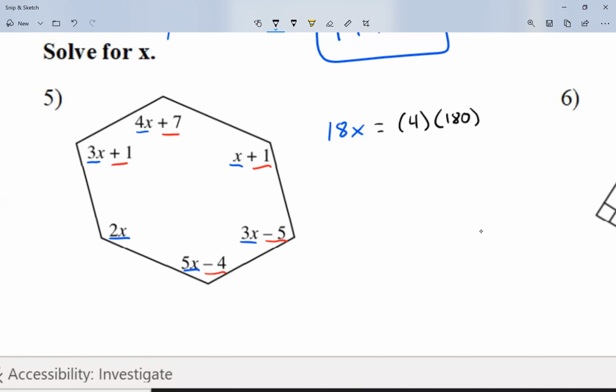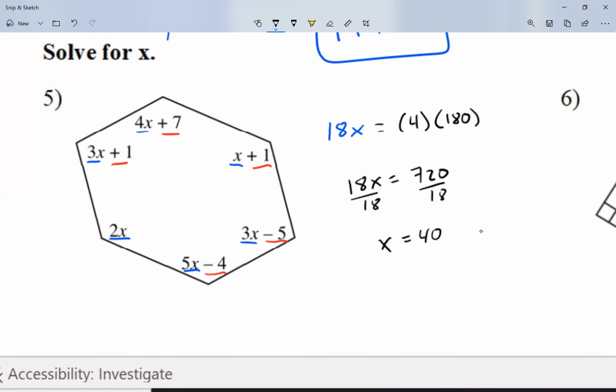Remember n minus 2, that's where I got the 4. Now 4 times 180 is 720. So I have 18x is equal to 720. All right, to solve for x, let me divide both sides by 18. X equals 40. If I have a decimal, round it to 1 decimal place.